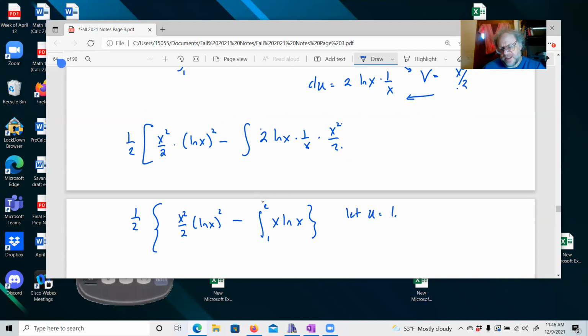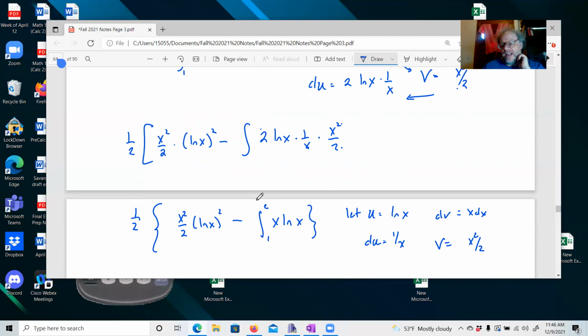Let u equal ln x. du equals 1 over x. dv equals x dx. And v is equal to x squared over 2.